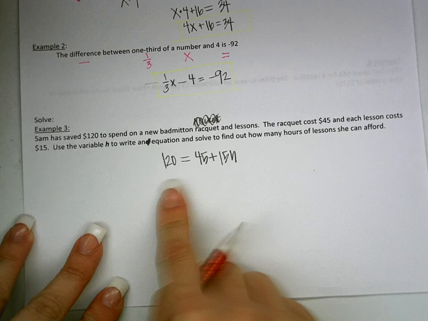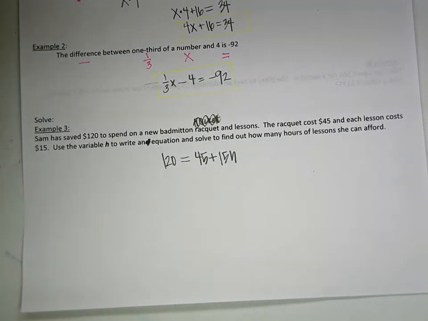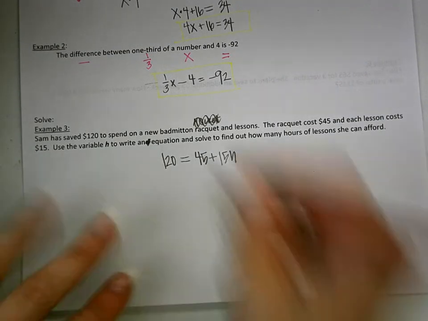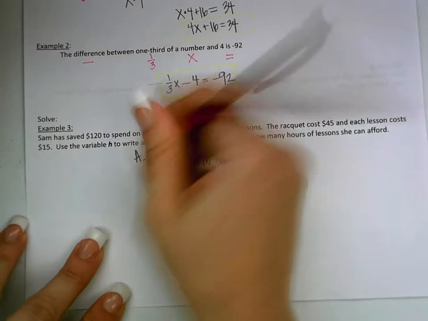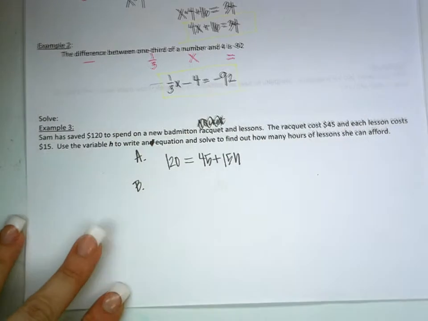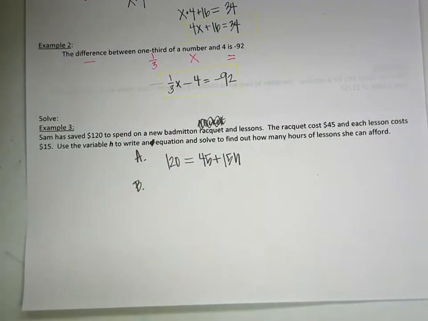How can we solve this? On a test or a quiz, this would be the A portion, and the B portion would be to solve. I didn't type that part out, but these are two-part questions. This is kind of like the questions we solved yesterday.